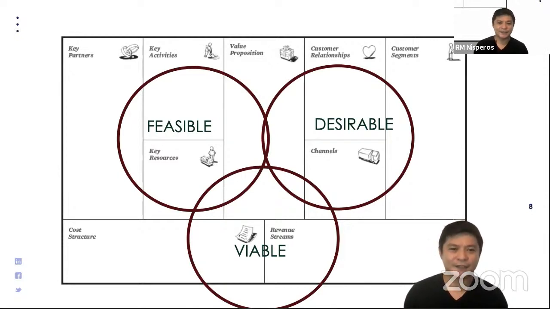Mga cloud kitchen. Your key resource could be special ingredients. And that special ingredients comes from selected partners wherein you have a contract, or at least meron kayong agreement that you can buy from them at specific points in time. That's key partners. Key partners, key activities, key resource have this keyword, key, at the start of these elements.